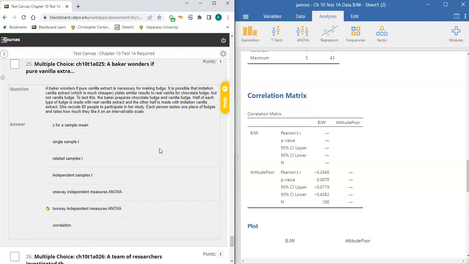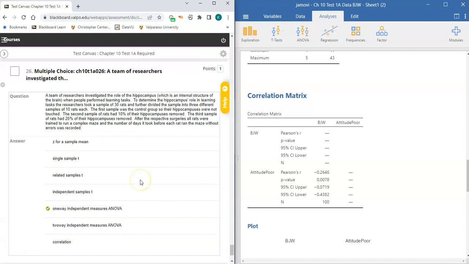Who knew that there was such a thing as vanilla fudge? The dependent variable is how much people like what they're tasting. So this has two factors with one dependent variable measured on an interval ratio scale. So that's a two-way ANOVA.